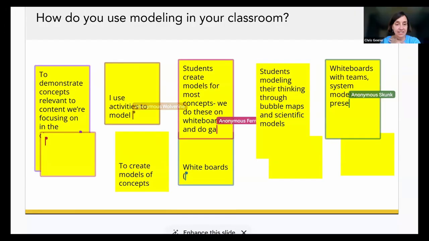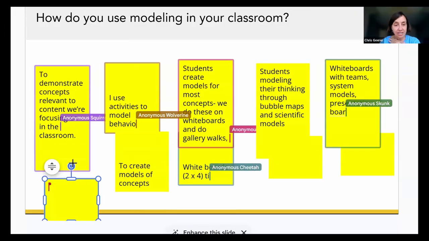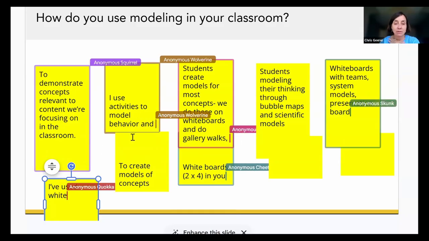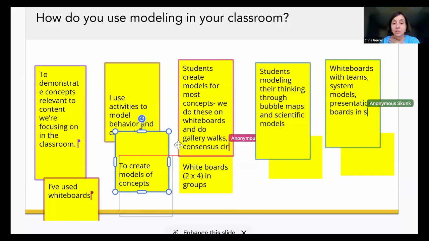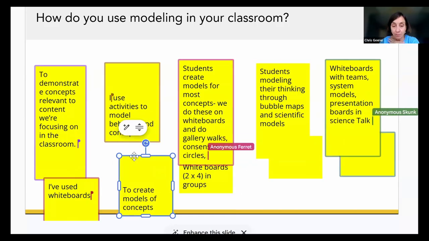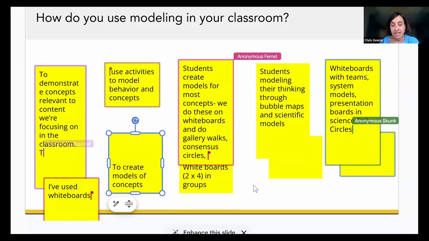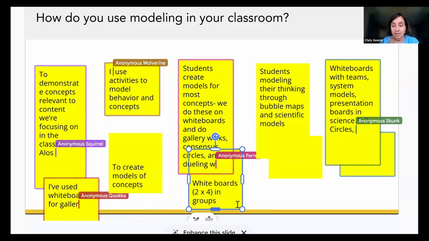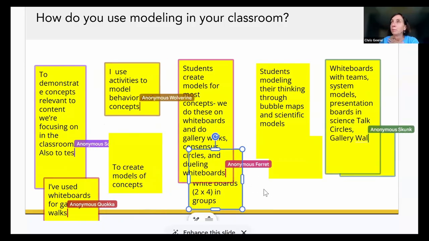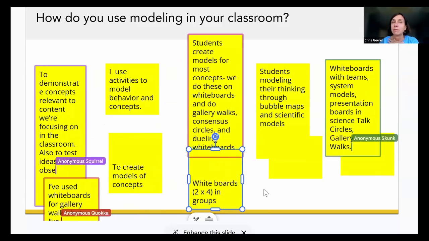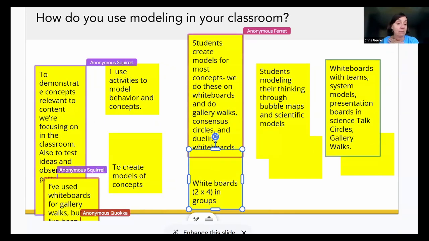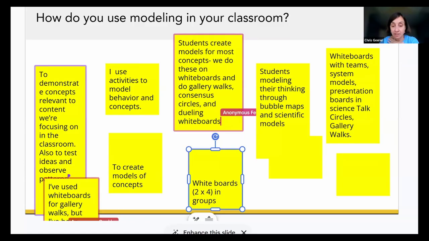All right, lots of good stuff here. Demonstrating concepts relevant to the content we're doing. Students create models for most concepts, do them on whiteboards and gallery walks, consensus circles, excellent. Whiteboards. About 3 years before I retired, my principal found some money somewhere and bought us classroom sets of whiteboards, and it changed my life.